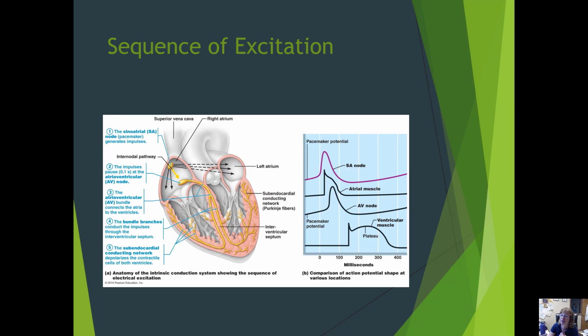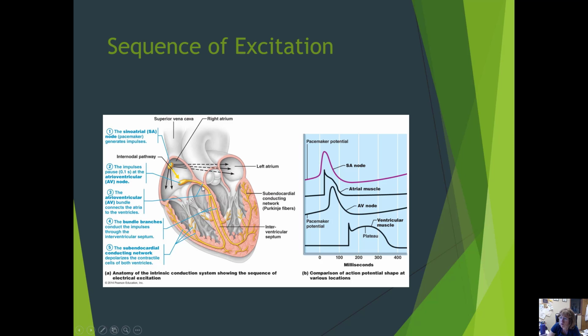So if we take a look at the cells that are involved, we have the SA node, and then we have the internodal pathway and the Bachmann's bundle over here, not labeled in this diagram, taking the signal to the AV node. At the AV node, we're going to hold on to the signal for about 1/10 of a second, and we'll talk about that in just a minute.